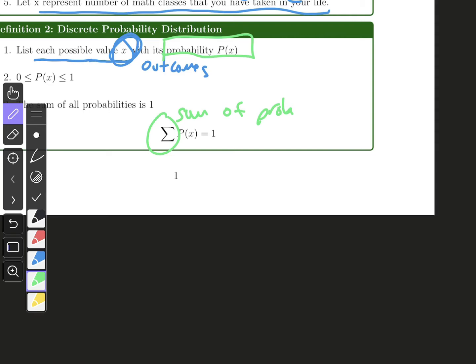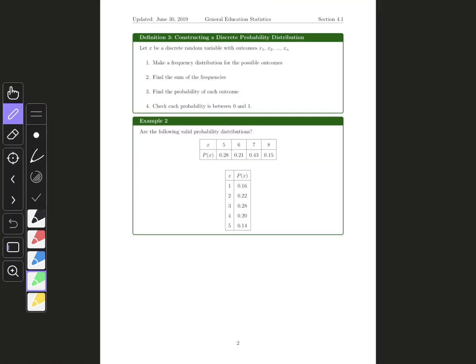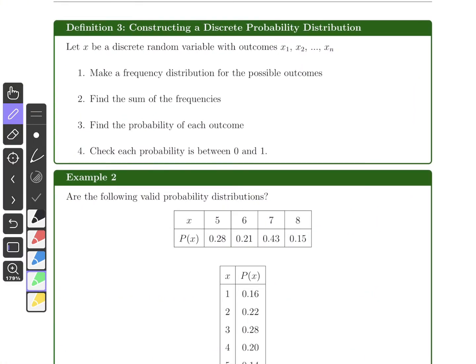All right, so constructing the probability distribution. This is just the setup. If you forgot how to do it, you can go back to these 4 steps. So the first thing, it's basically a frequency distribution, right? You have a left-hand side and a right-hand side, and on the left-hand side you have your outcomes.